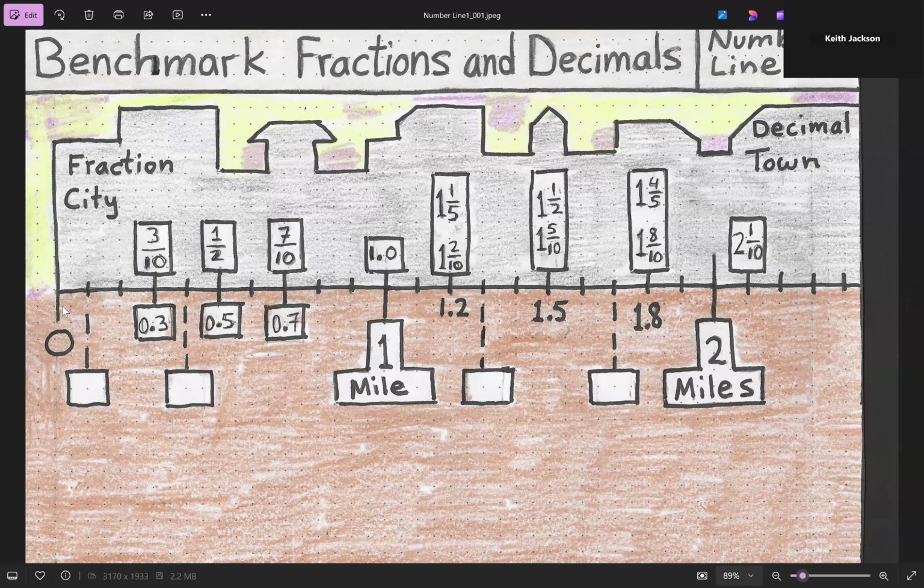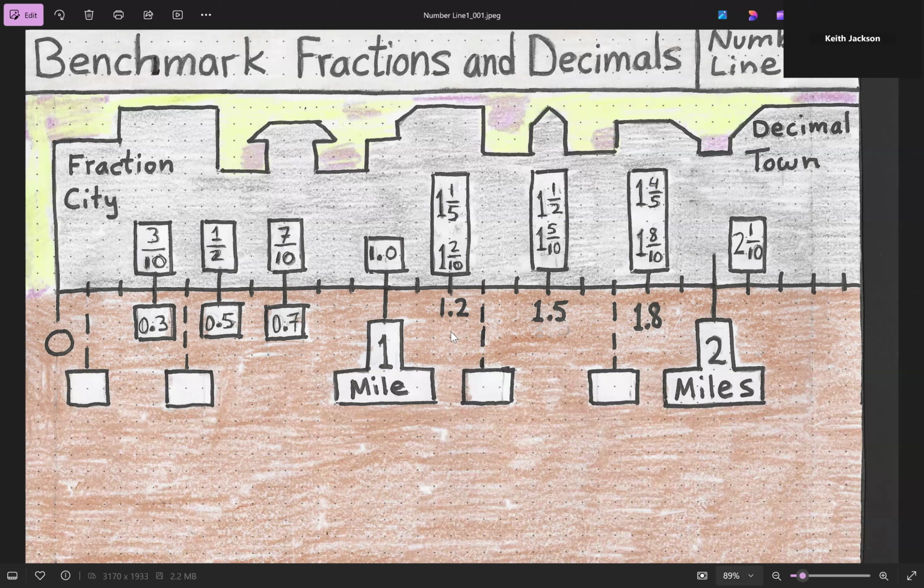So that tells us that this right here must be 1/10 of a mile, and this is 2/10 of a mile. And then if this is 3/10 of a mile, then right here must be 4/10 of a mile.